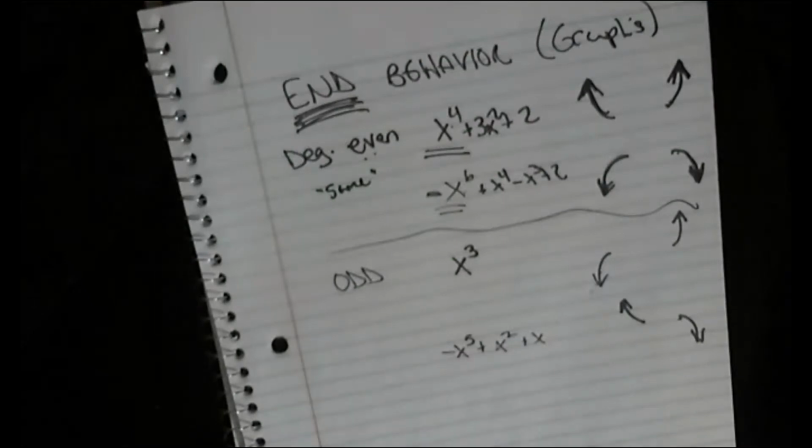All right, the last thing we're going to talk about within 4.1 are these things called zeros. Zeros serve a couple of different purposes.